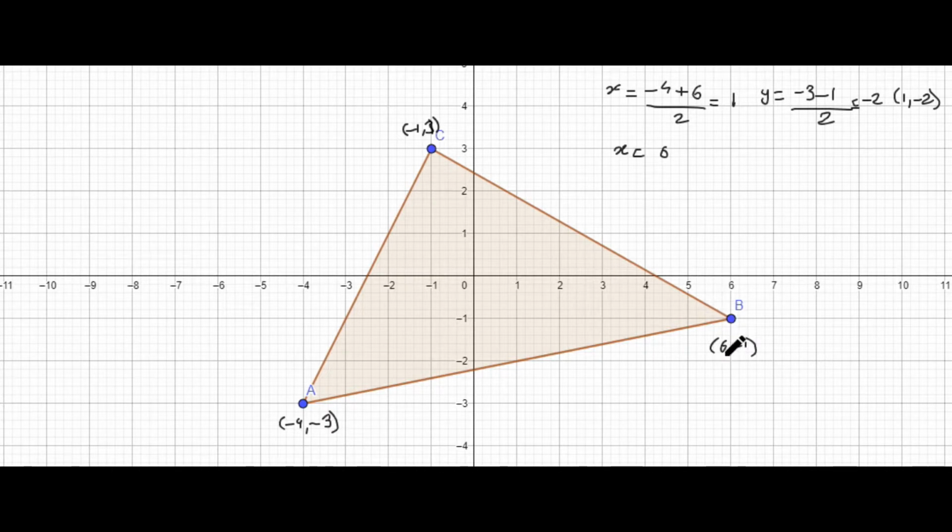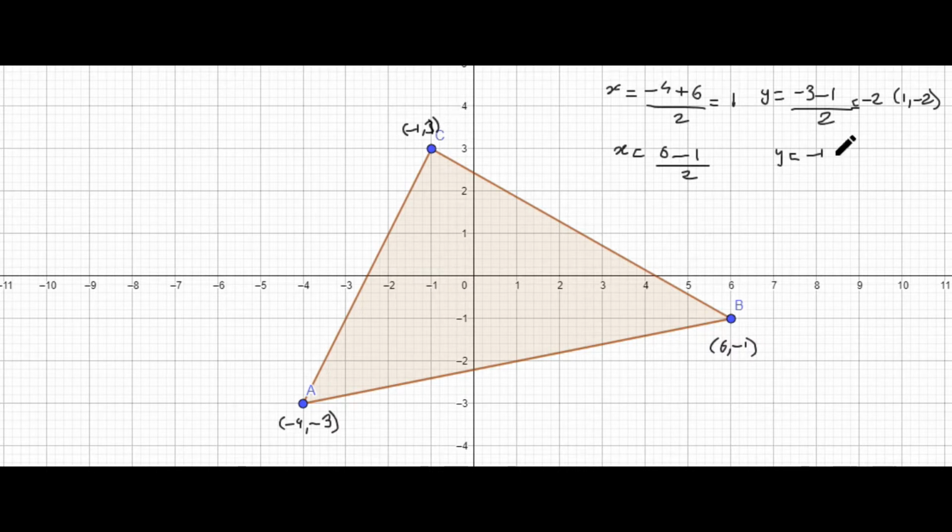In this case we are taking B as the first point. So x1 would be 6, and we add to that x2 which is -1. So it becomes 6 minus 1 over 2. And the y coordinates would be y1 plus y2. Again the first point has to be this only, because for x we have taken this as the first point. So y1 has to be -1, plus the y coordinate of the second point, which is +3.